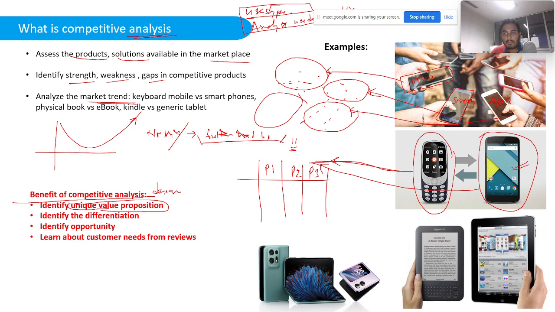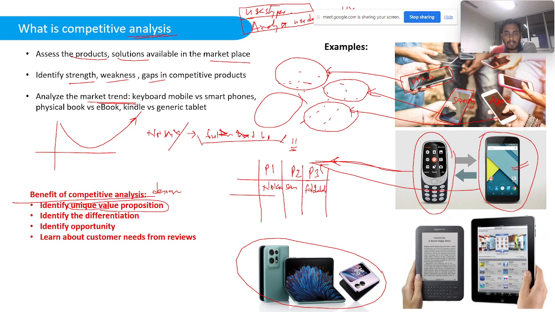Now product 1, think like a Nokia phone. Product 2, assume like a Samsung phone. And product 3, assume something like a foldable phone, which is a Vivo phone, which is foldable.